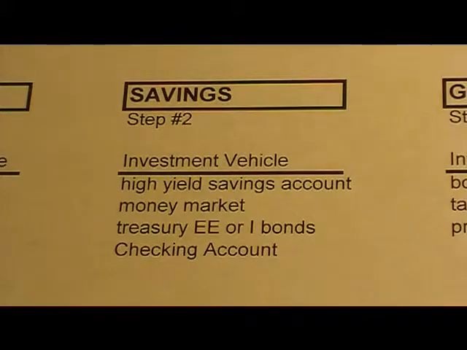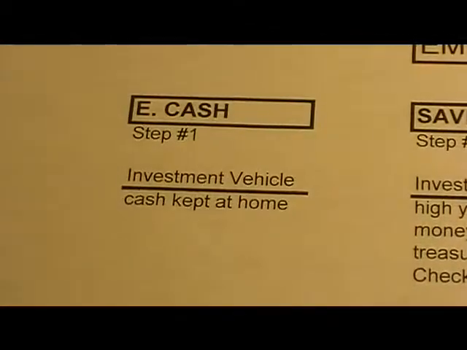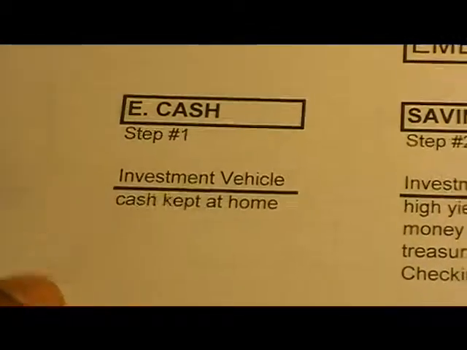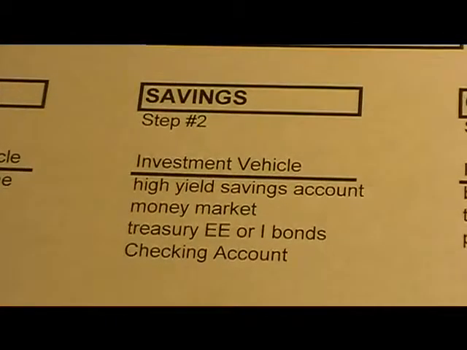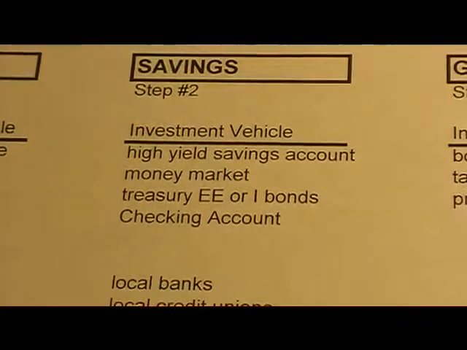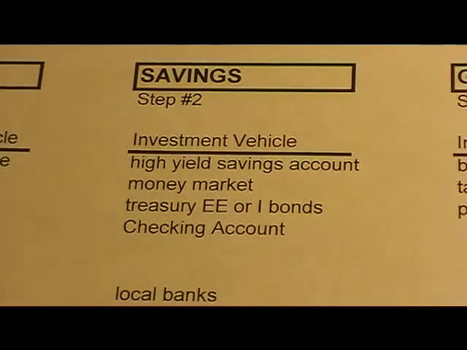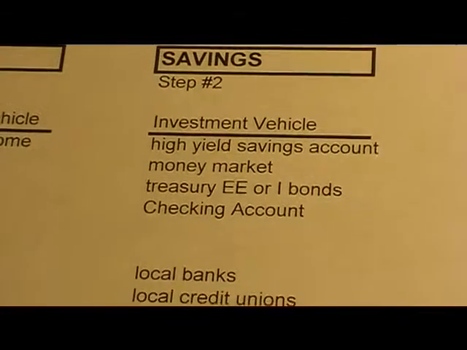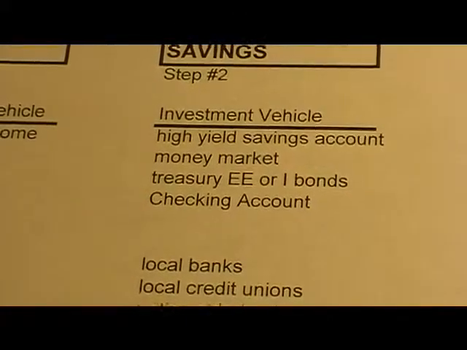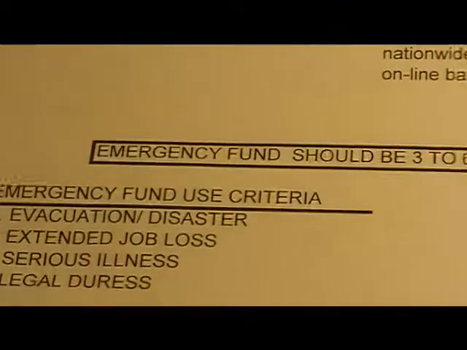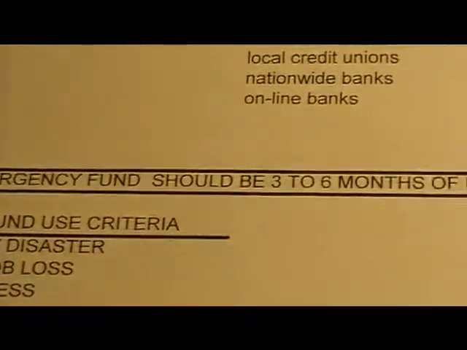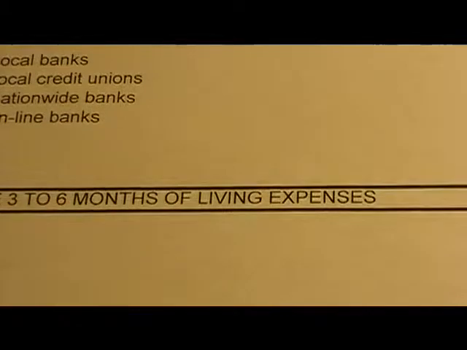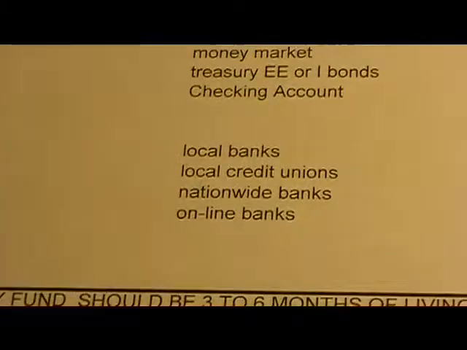because you really wouldn't want to store much more than what you have in your e-cash at home. This can get up into the high thousands, maybe $10,000, particularly if you're going to be capable of doing what a lot of the financial experts recommend, which is emergency funds should be 3 to 6 months of living expenses, more if possible.